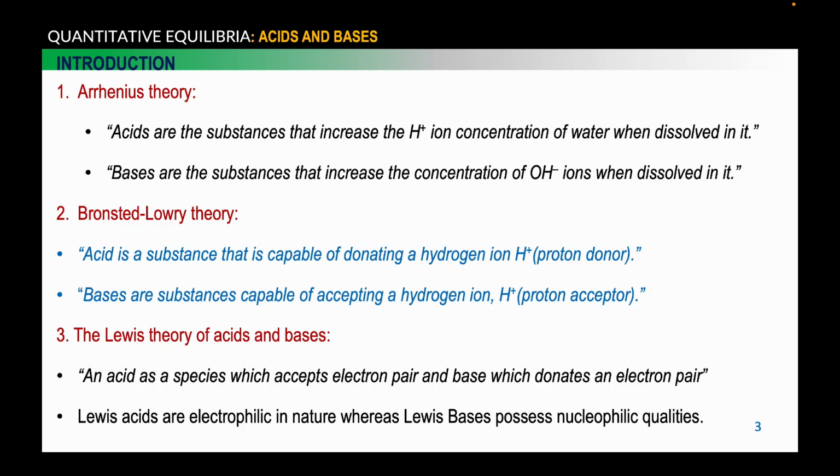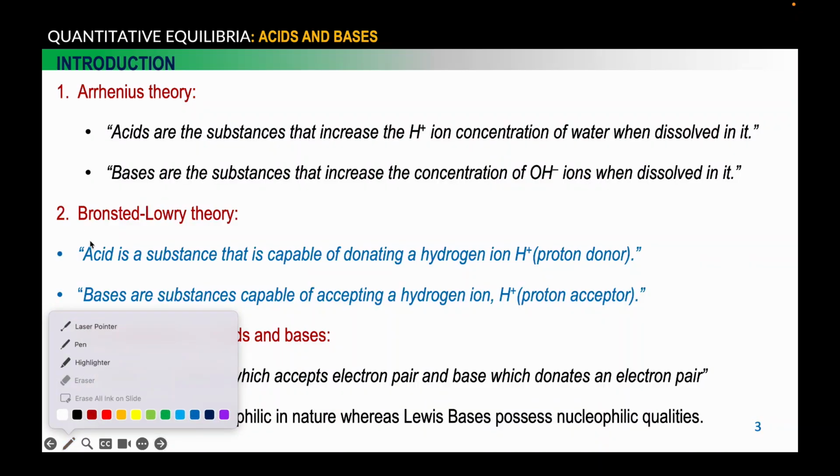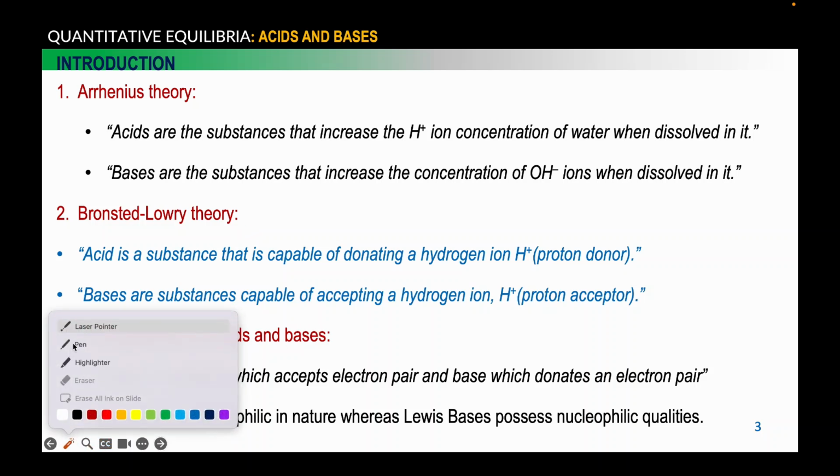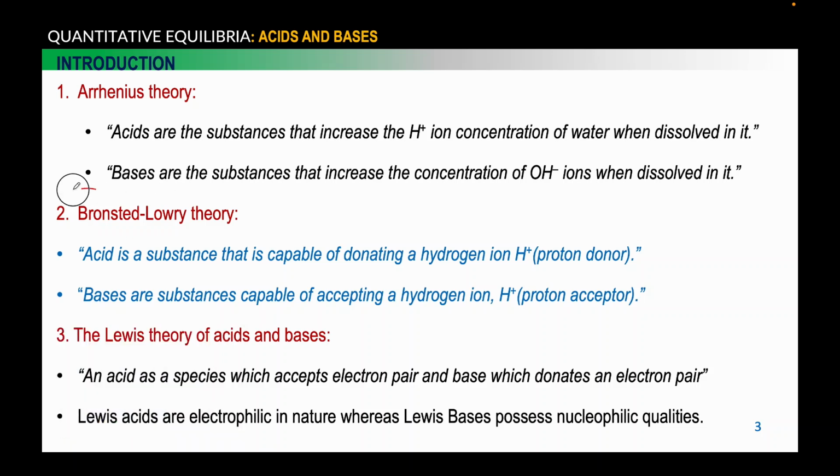Actually, the concept of acids and bases is explained by three important theories. The first one is Arrhenius theory. The second theory is Bronsted-Lowry theory, and the third theory is the Lewis theory of acids and bases. Here our syllabus-oriented theory is Bronsted-Lowry theory.